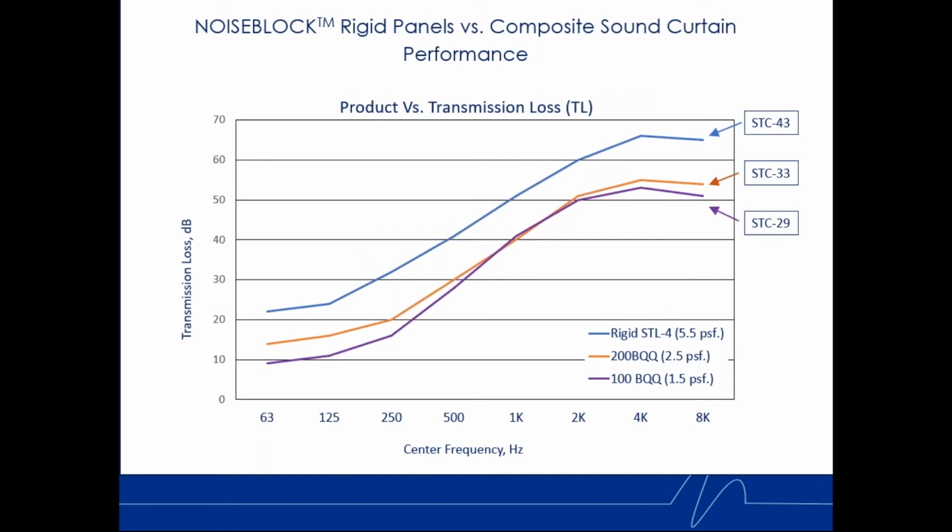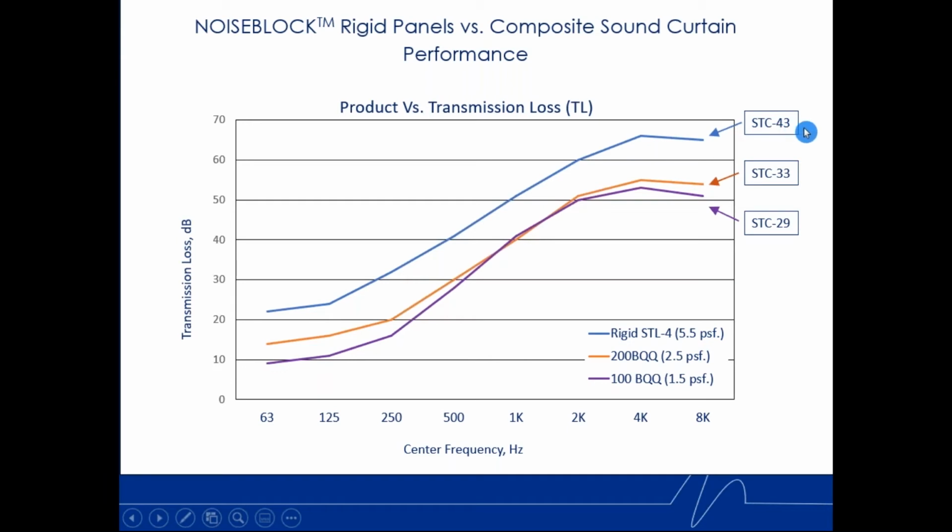If we look at our noise block rigid panels and our composite curtain performance, as you see here on the x-axis, you have the center frequencies, 63 hertz through 8,000 hertz, and then the transmission loss in decibels, how many decibels per octave band it's going to block of a sound spectrum or a sound within a certain frequency. And what we did here was, you can see the top line, sound transmission class value to the right.